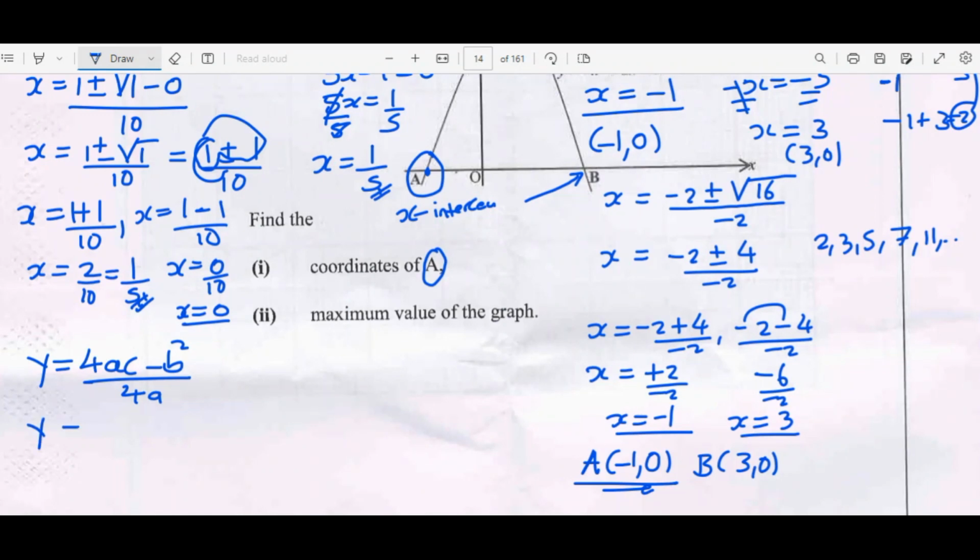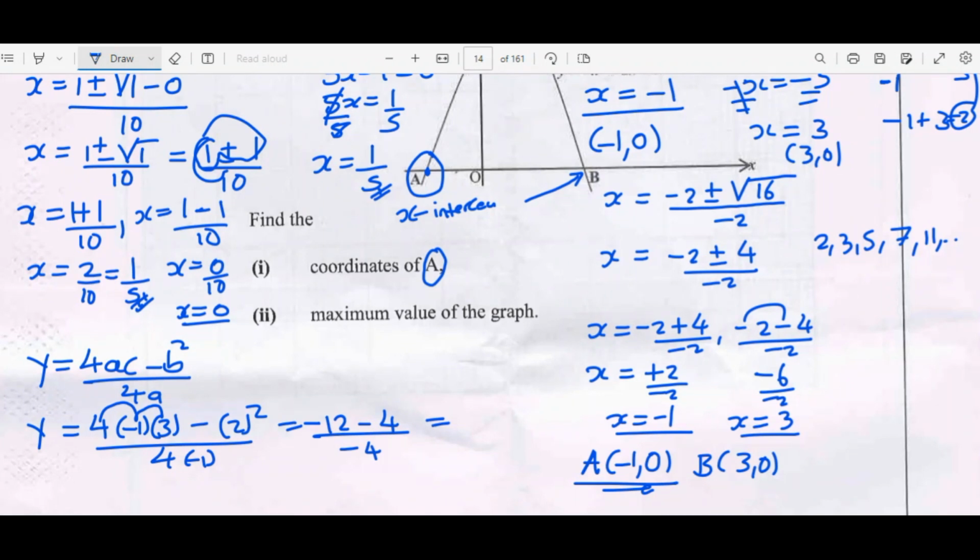Now since we are using the same equation, we said A is -1, then our C is 3, minus B, which is 2 squared, over 4 times -1. So 4 times -1 is negative, 4 times 3 is -12, minus 4 over 4 times -1 is -4.